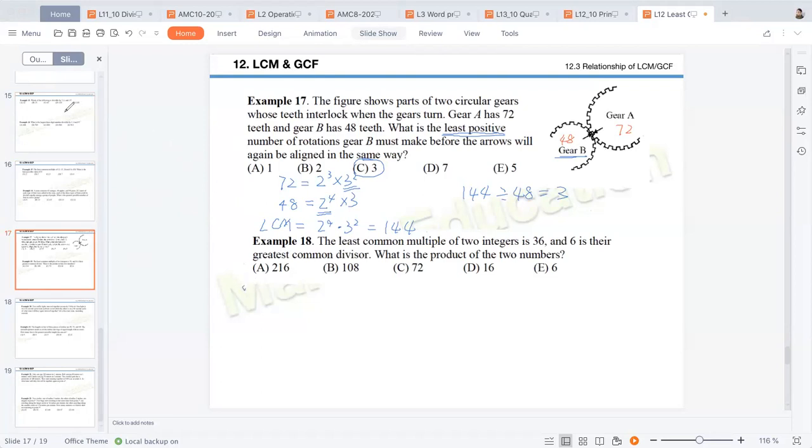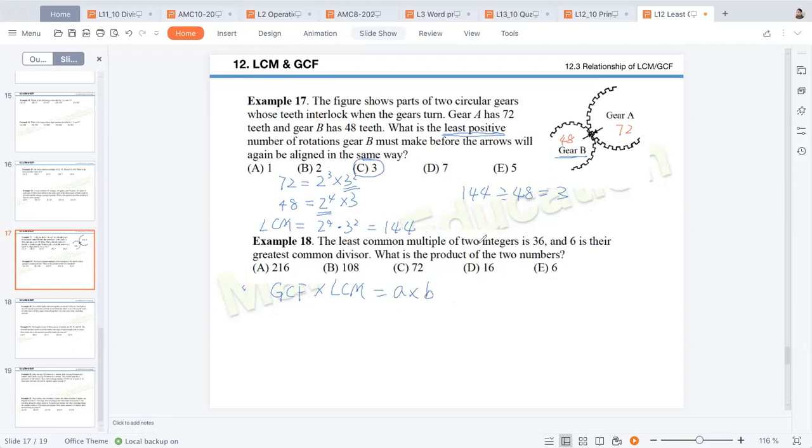Emily gave me the right answer, and so we use the GCF times the LCM should equal the product of A times B, right?